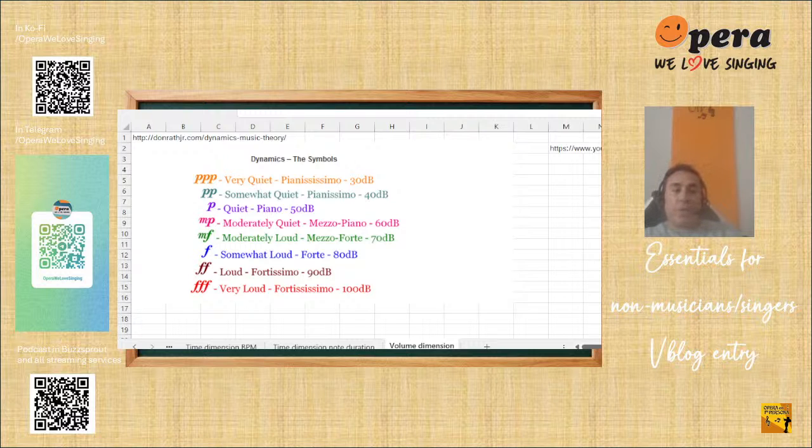Something else that I also wanted to share with you around these volumes has to do with the measurement of decibels. The decibels is a very objective measure. I insist that maybe you go and download an app so that you can see those numbers by yourself. But keep in mind that this is what we call in mathematics a logarithmic scale. So between pianissimo, the triple P and the double P, you only have 10 decibels, but it is not linear, it is not a line that you will see in regular increments.